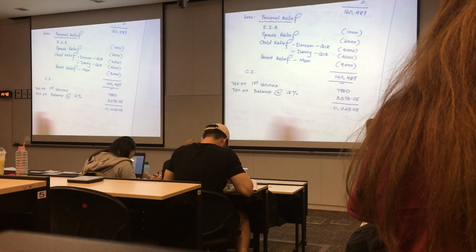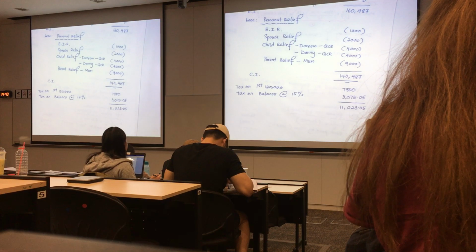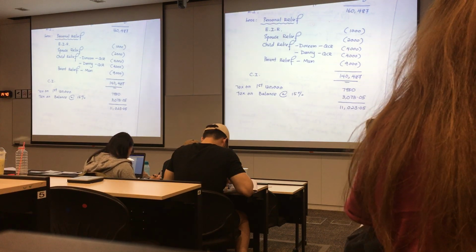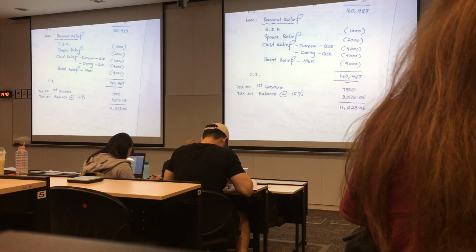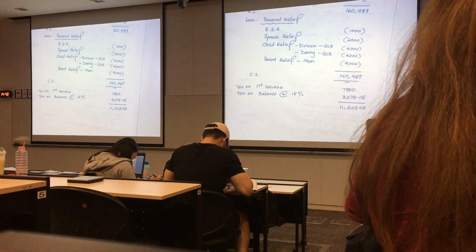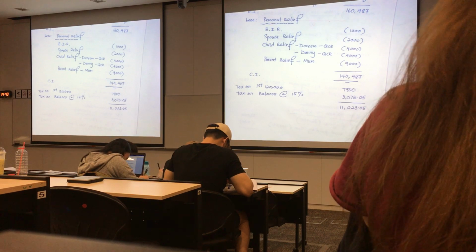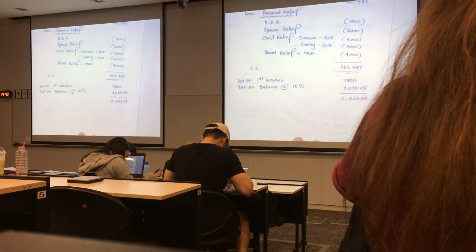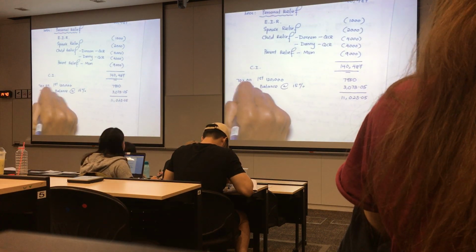Now, if I'm doing for YA 2018, this is where you stop. With regards to tax computation for YA 2018, you will stop here. But if I'm doing for YA 2017, what did we say? There is a tax rebate.